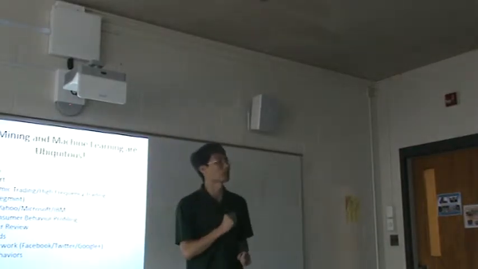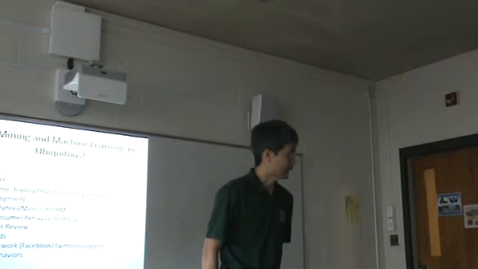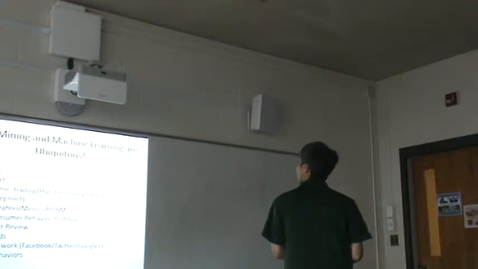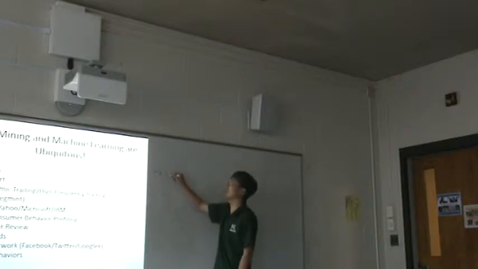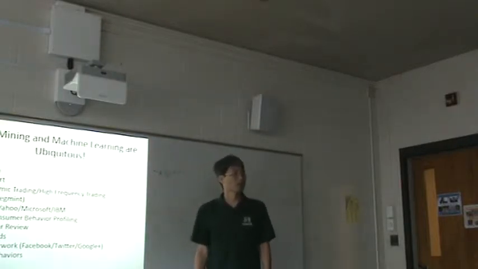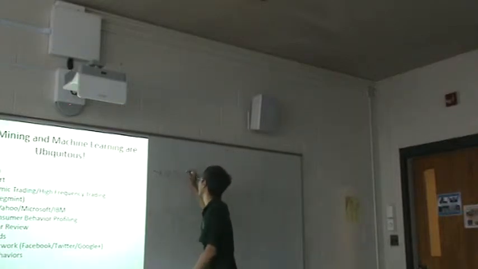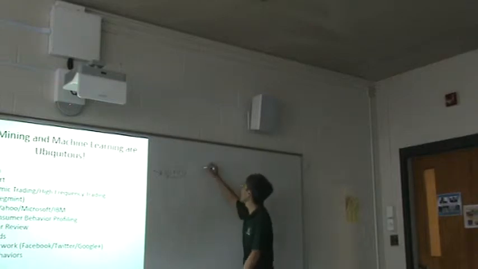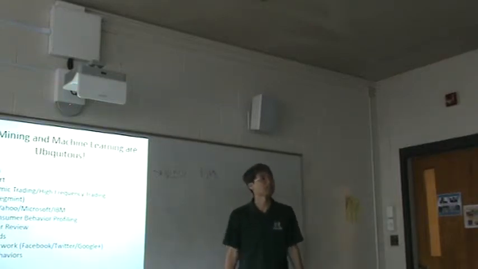Why is it important in big data systems? Because you have big data. If you have, for example, just 10,000 Netflix transactions, probably it's not reliable. You cannot get enough accuracy to recommend. But if you have 10 million transactions, it's a good chance.